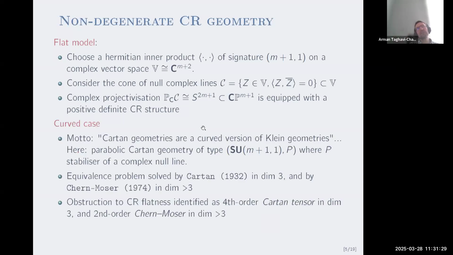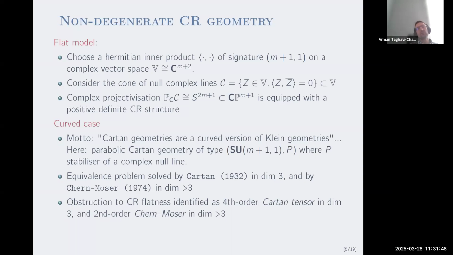Non-degenerate CR geometry is a curved analog of this construction, the projectivization of a cone of null complex lines.